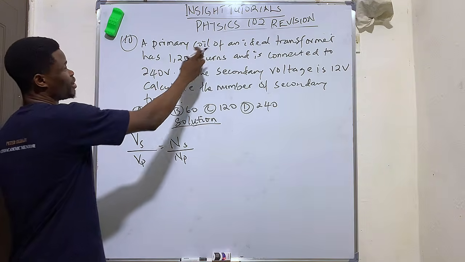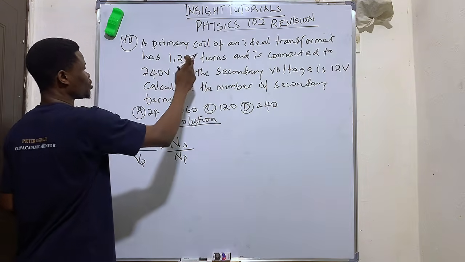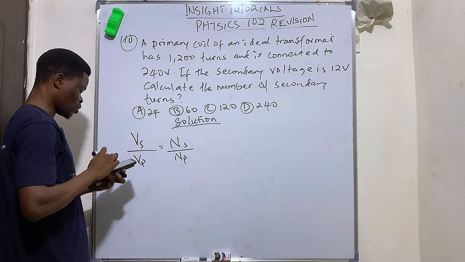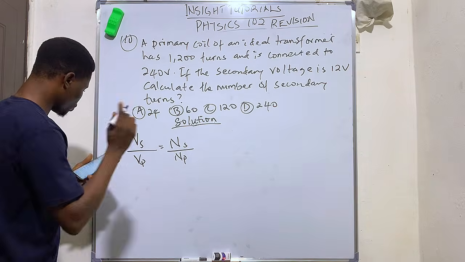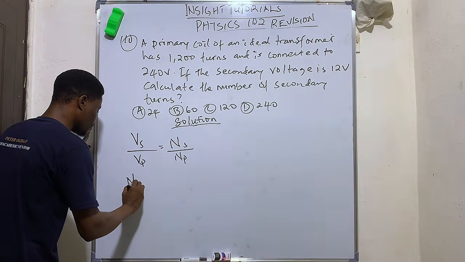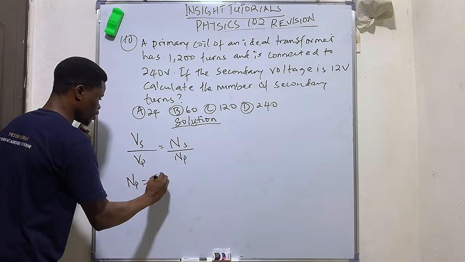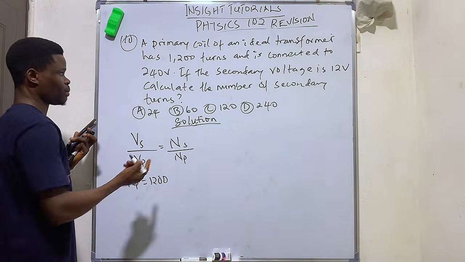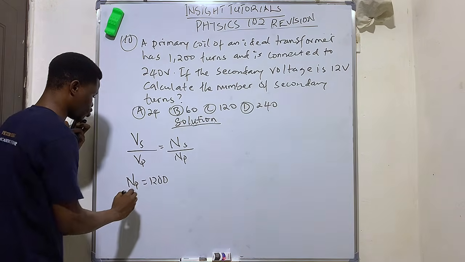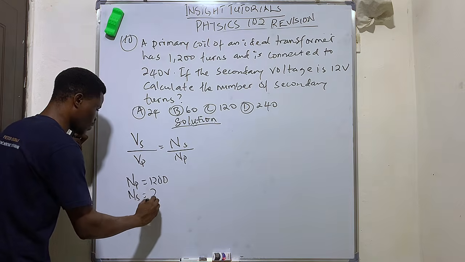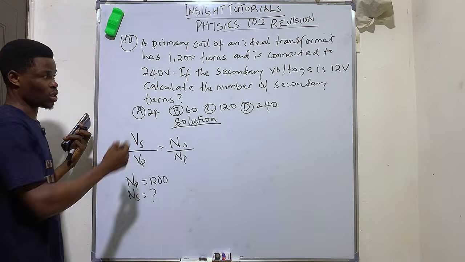All right, so we're going to apply that formula in solving this question. But very importantly, we're going to write out our variables from this question. They said a primary coil of an ideal transformer has 1,200 turns. So the number of primary turns, Np, is 1,200. Remember, we have to look for the number of secondary turns, so we don't know Ns. That's what we're looking for.